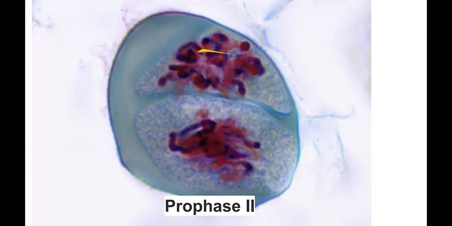So we have cells with the number of chromosomes for humans 46. And what is happening then, crossing over, a swapping of genetic information between them.